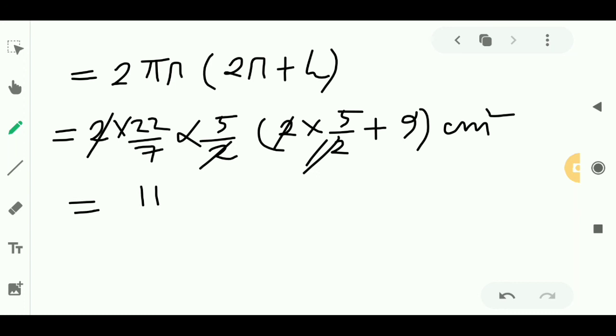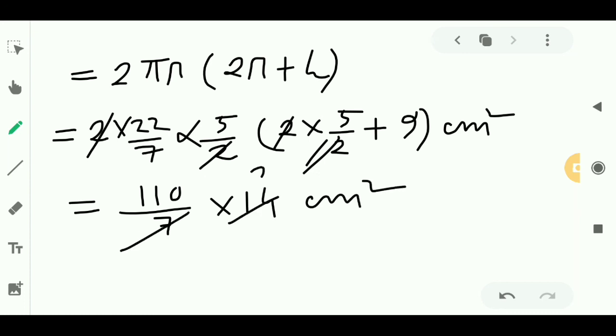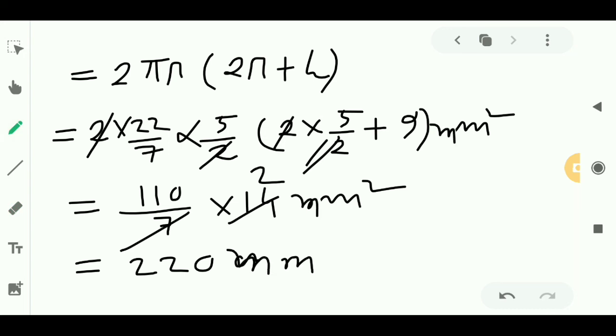It is 110 by 7, and here 5 plus 9 into 14 centimeters square. Again cancellation there. It is 220 centimeter square. I am writing, actually this one is a millimeter square. Answer: 220 millimeter square.